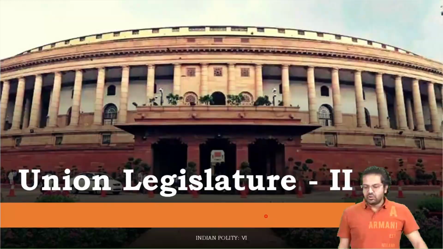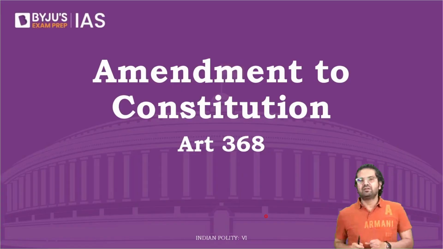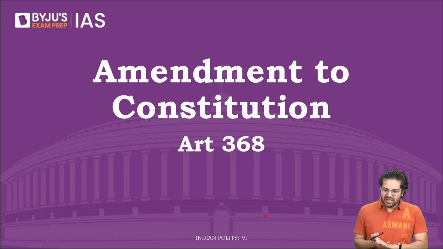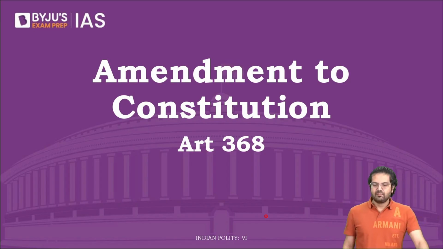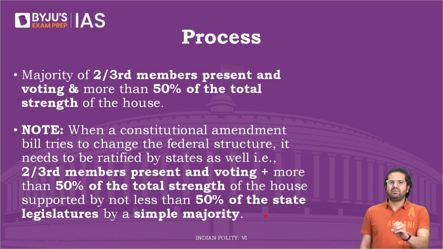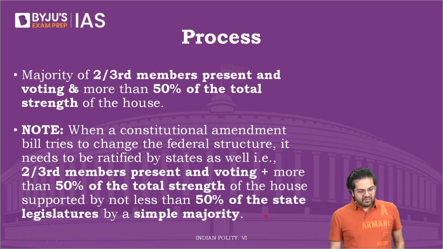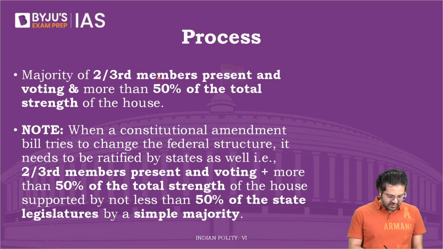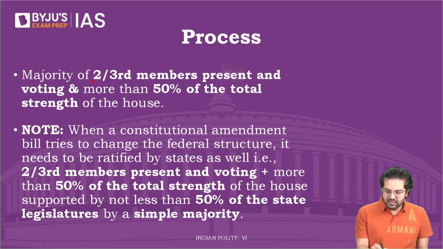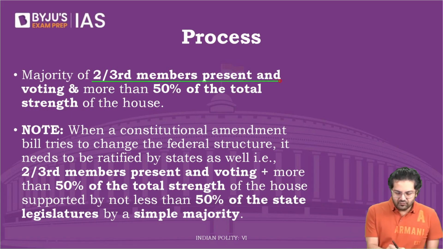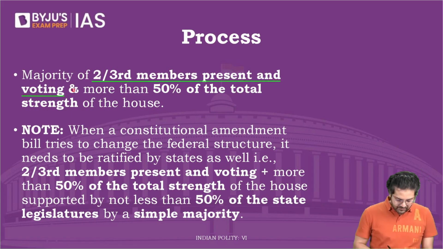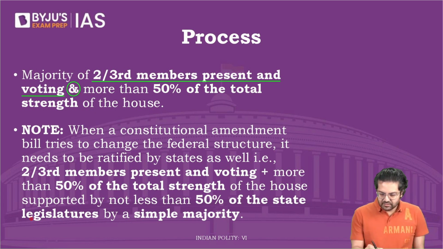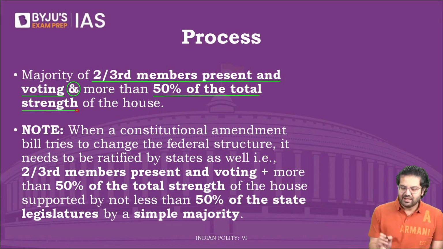So now let's move on to understand amendment to the Indian Constitution, Article 368. This is the process. Very simple, very easy to understand. The majority of 2/3 members present and voting, and more than 50% of the total strength of the house.